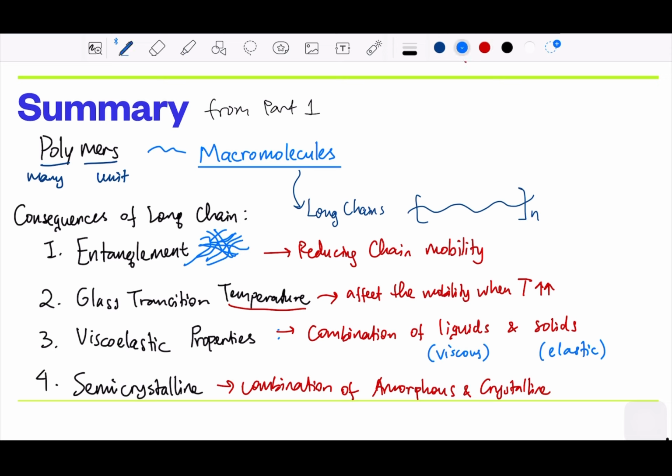So amorphous is for the rubbery state, and crystalline is for the rigid state. Yeah, this is the four consequences of long chains. Or you can say consequences of macromolecules. Okay.